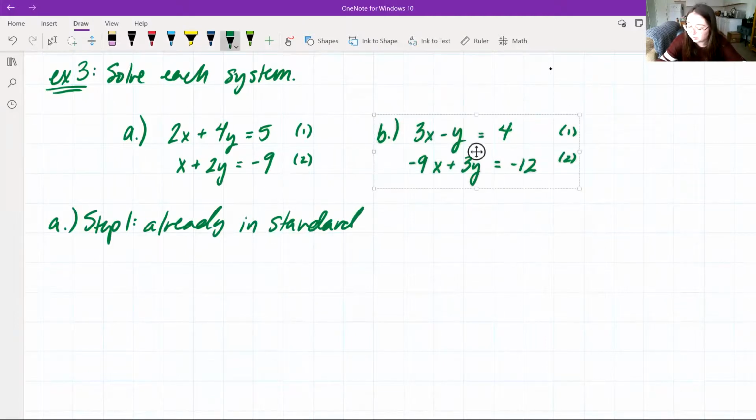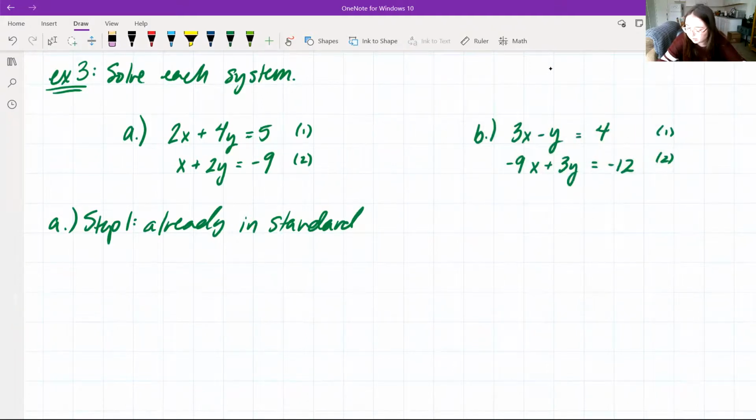We'll move part B over a little bit, give us a little bit more room for part A. Step 2, we want to think about multiplying one of our values in order to get opposites. So in the case of equation 1, we have 2x plus 4y is equal to 5.